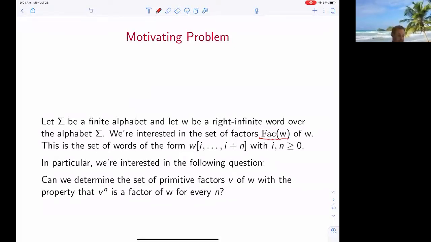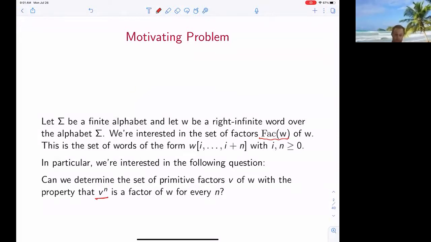And the question was, the words sometimes have the property that some factors appear to arbitrarily high powers inside the word. And other times maybe only the square, or maybe not even the square appears as a subword. So this was the question. In particular, the motivating question was for automatic words. It seemed that there were only finitely many primitive factors with this property.